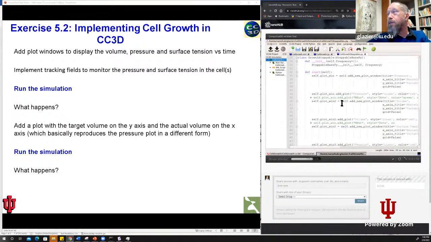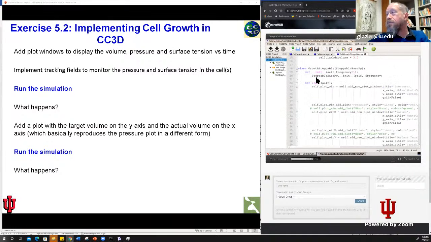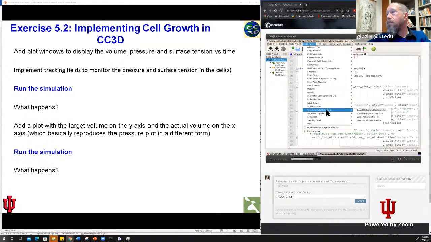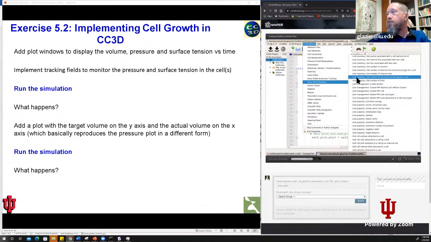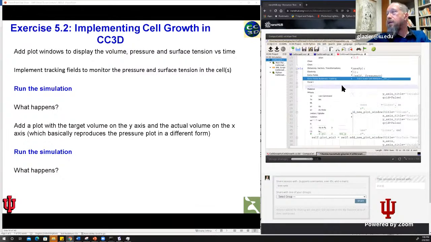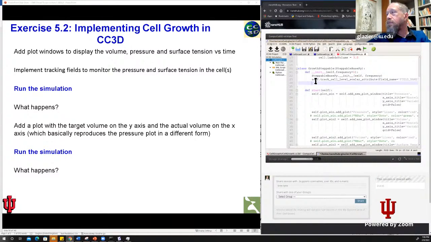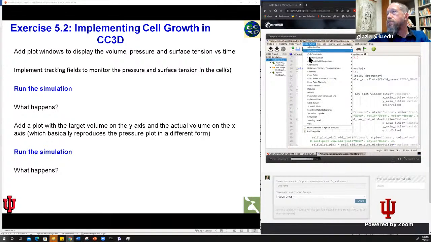The tracking field, unlike the plots, has to go in the init. Extra fields, automatic tracking, scalar attribute. We're going to have two of them, one for pressure and one for surface tension.